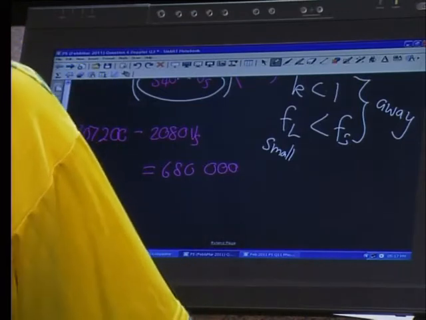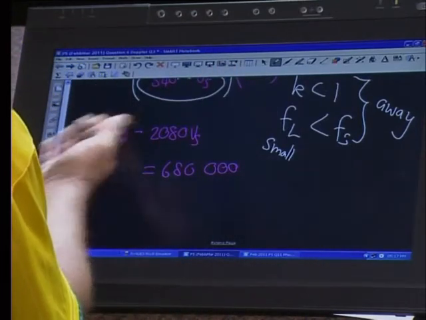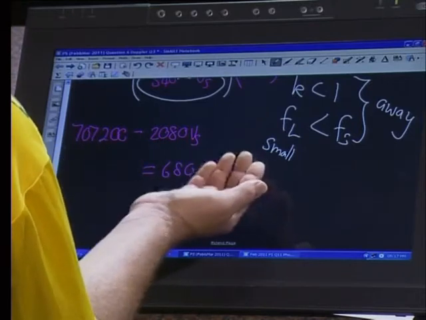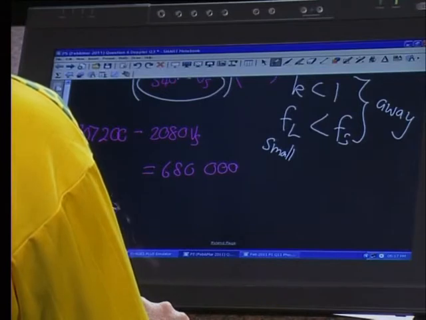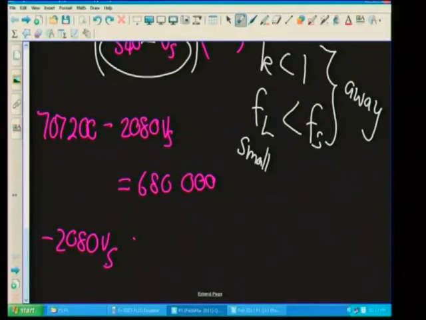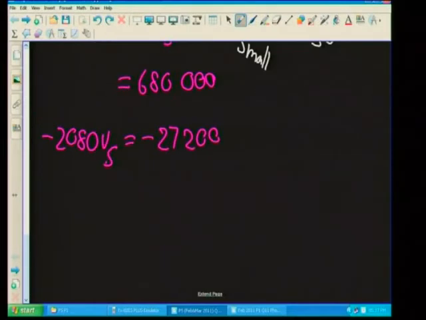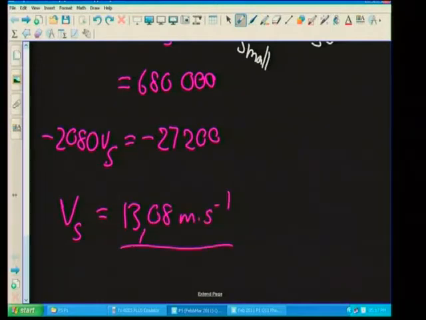Now, if you subtract 700 from both sides, you can get minus 2080 VS is equal to minus 27200, and we then divide, the minuses cancel out, and we get 1308 meters per second to the minus 1.